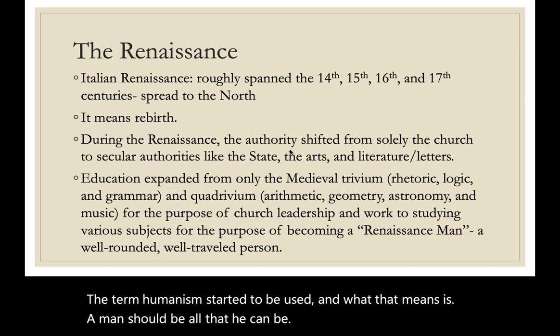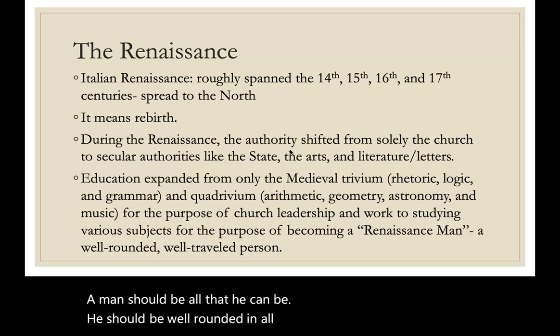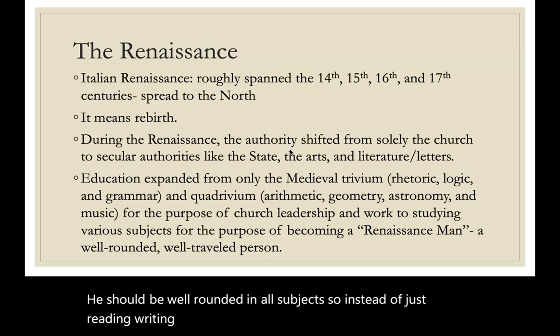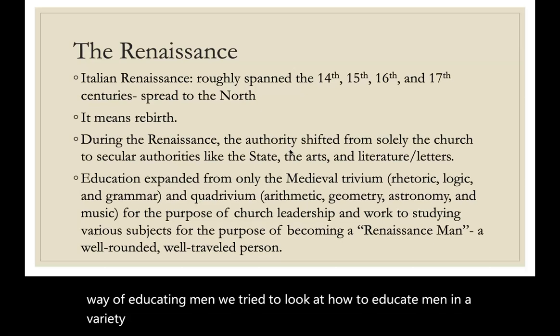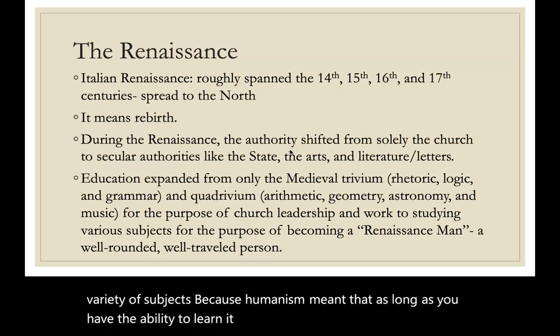He should be well-rounded in all subjects. So instead of just reading, writing, and arithmetic, like the old ways, like the medieval way of educating men, we tried to look at how to educate men in a variety of subjects, because humanism meant that as long as you had the ability to learn, it was your responsibility to learn.